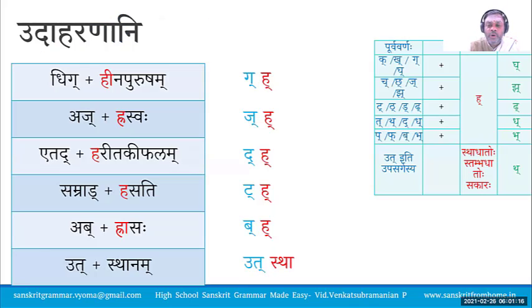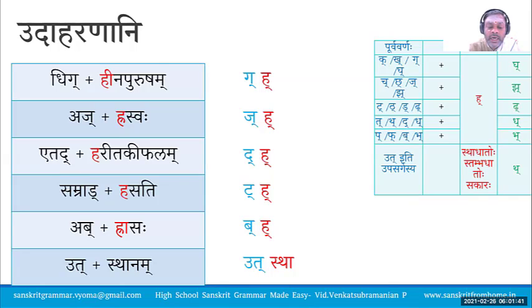Now let us see some more examples. Dhig hina purusham. You have hakara on the right hand side. Aj hraswaha. Yetad harita haritaki phalam. Samrad hasati.